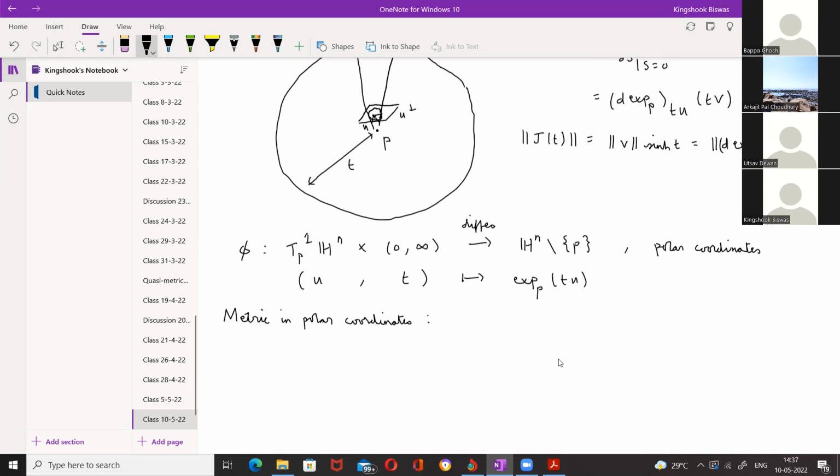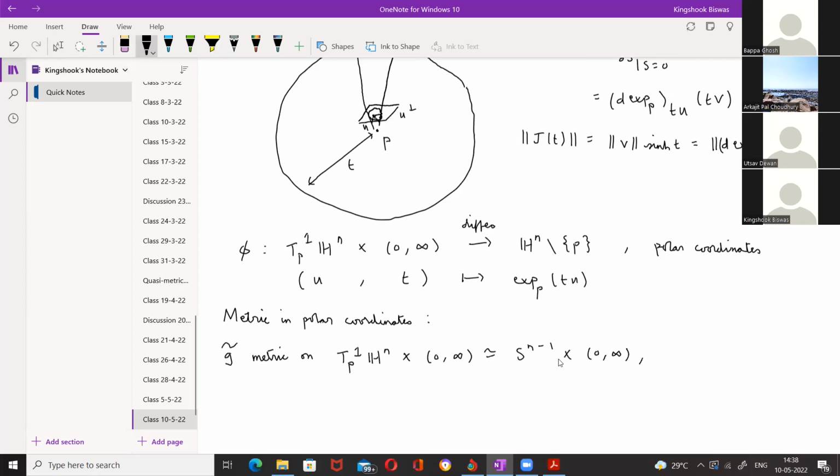What I mean is I pull back: I have G tilde, a metric on T_p^1 H^n cross (0, infinity), which I can identify with S^(n-1) cross (0, infinity).